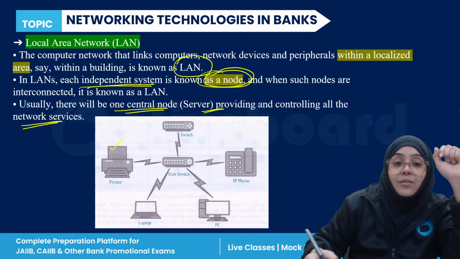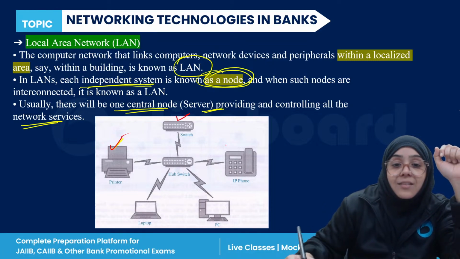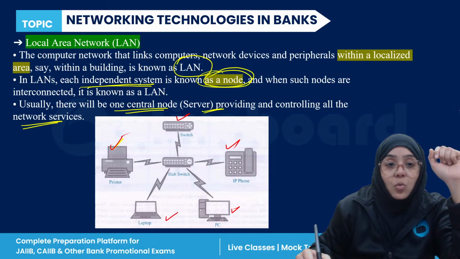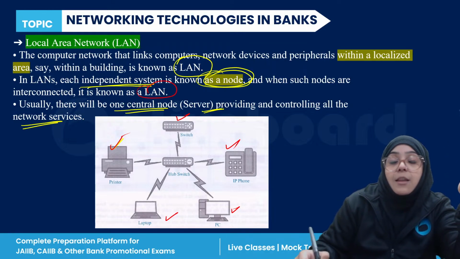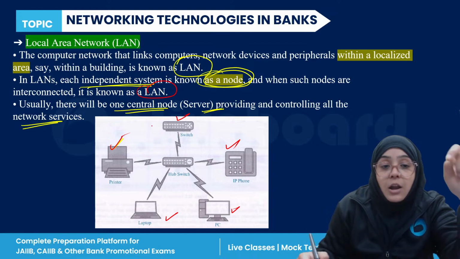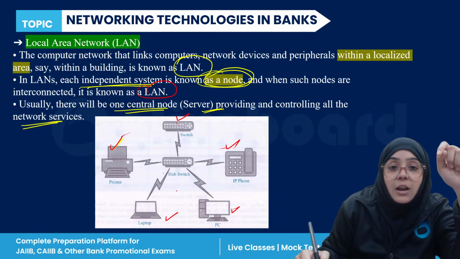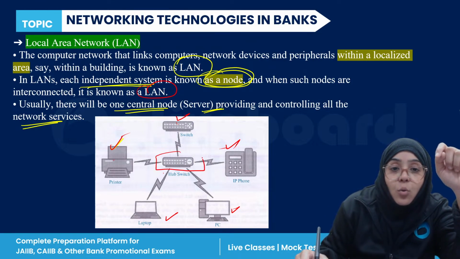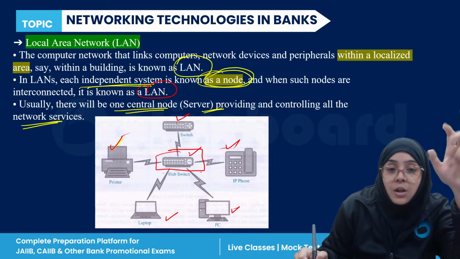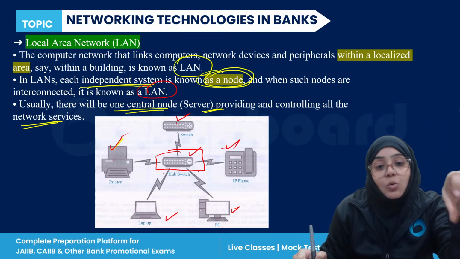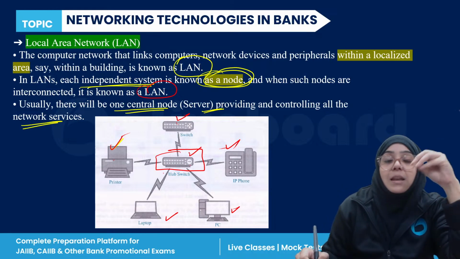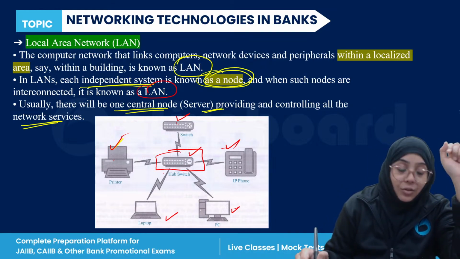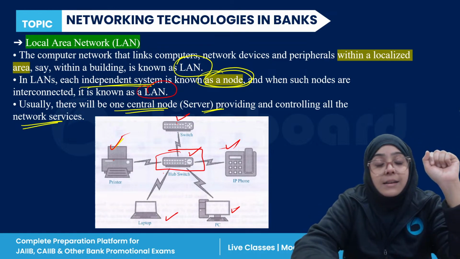If you see this diagram, these are known as nodes, and nodes are interconnected with each other, forming a LAN. Each is connected to a central node, which is known as the server, which controls the complete network. Clear? So this is the local area network.